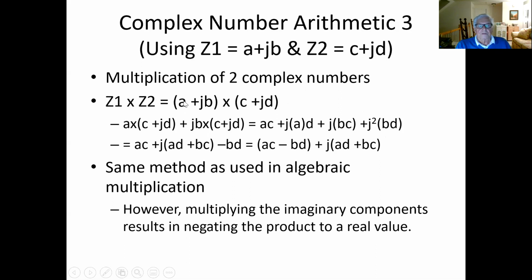You take the first number, multiply by the second combination, and then you take the second number of the first and multiply by that, add all like terms together to get, in this case, A times C minus B times D, plus J, A times D plus B times C. Okay, that's how you do that. Basically, it's the same way you normally do your algebra.